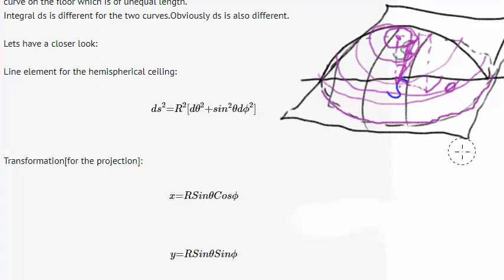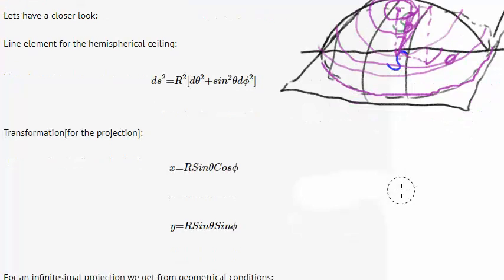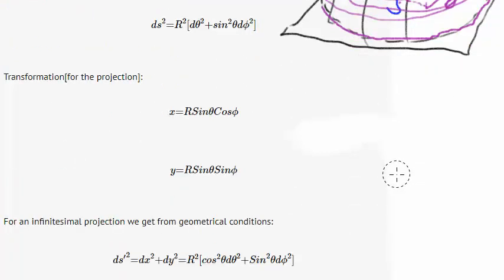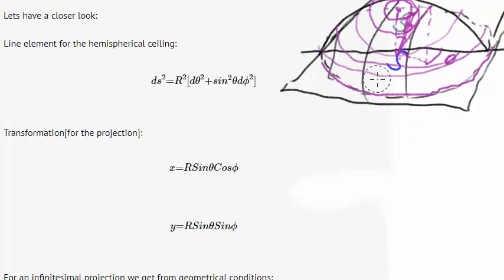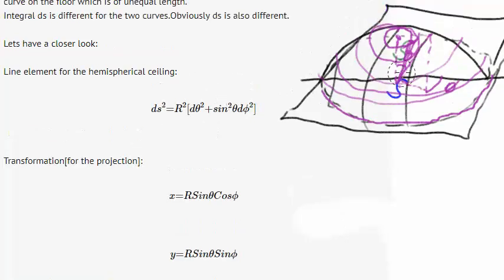So I've drawn an S down here, which wasn't really intentional, but the ds prime here refers to the length of the projected shadow shape on the floor, and the ds refers to the path length of the shape on the curved roof.